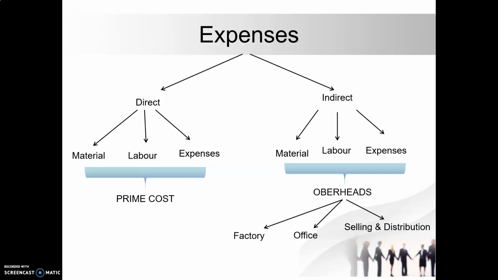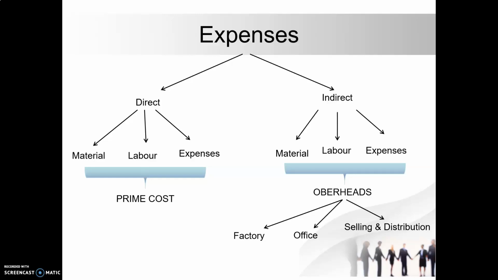Labor: maybe there was a guard, maybe there was a supervisor who was supervising the manufacturing process, that is your indirect labor. And expenses: there could be many expenses like lighting, heating of a factory. Okay, so all these indirect material, labor and expenses are called overheads. Sorry, it's written overheads here, typing mistake.